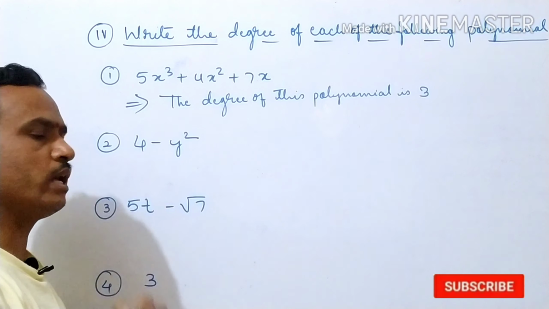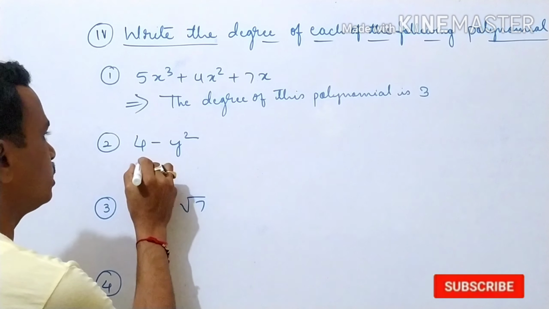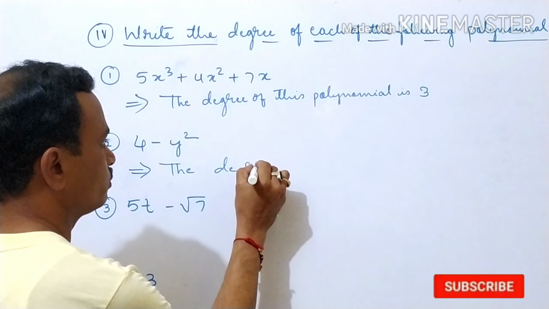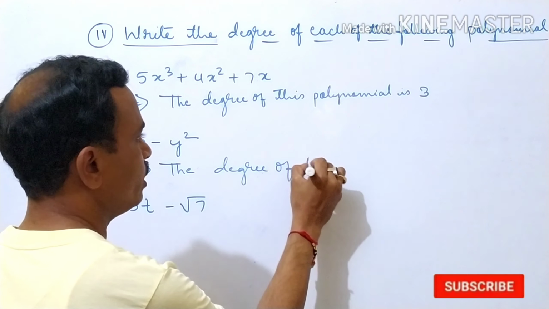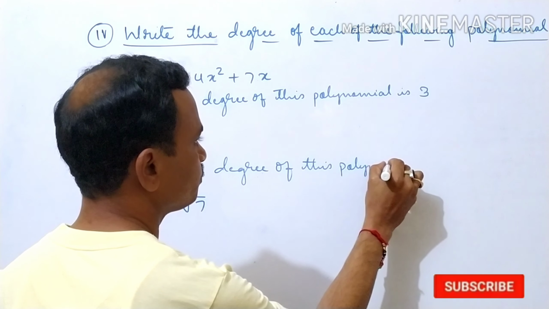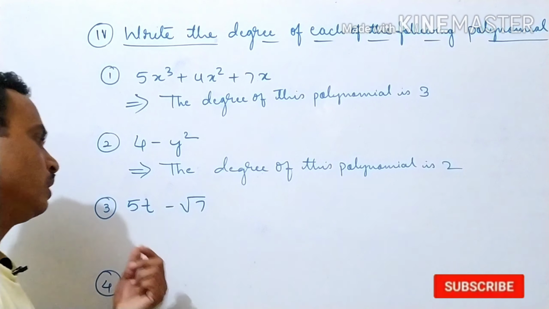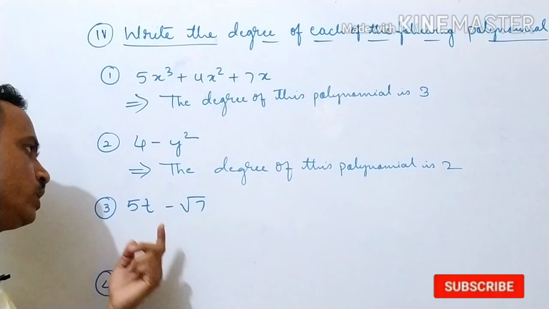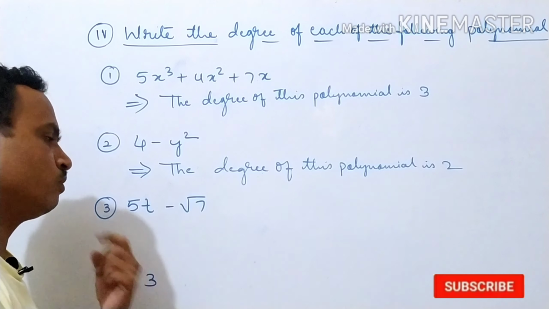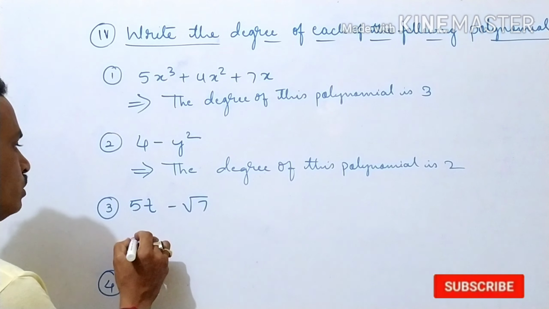Now second question, 4 minus y square. Now y square is there. What is the degree here? 2. So the degree of this polynomial is 2. Next, the third question, 5t minus root 7. So t to the power of no number, so we can take it as 1.